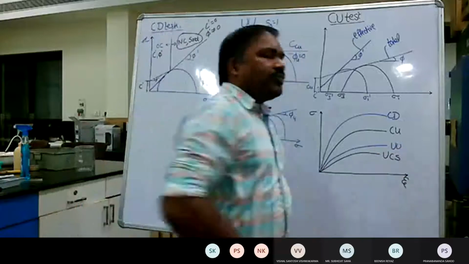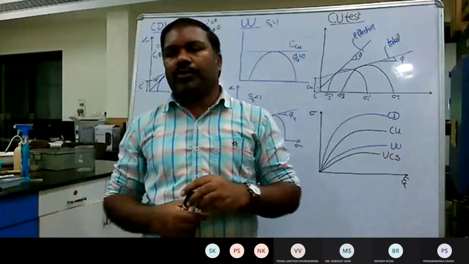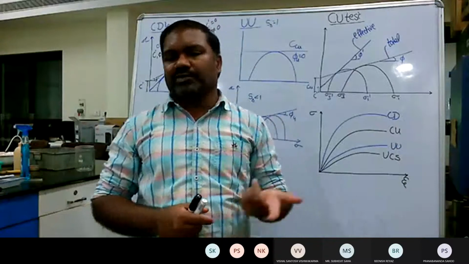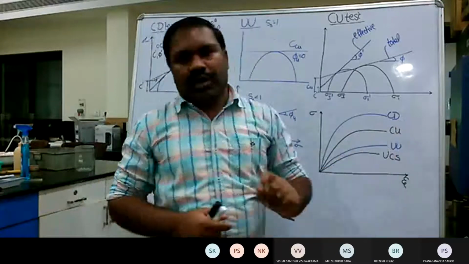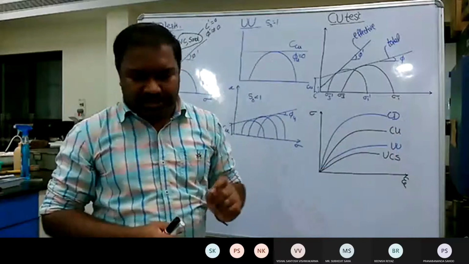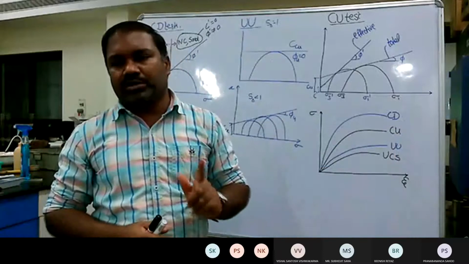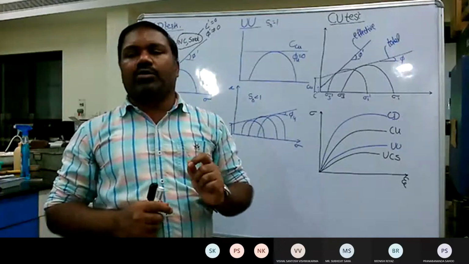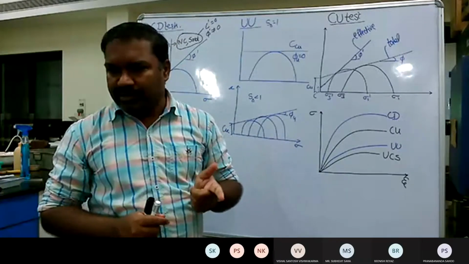But in the UU, you are allowing the development of pore water pressure because you are not allowing the consolidation of the soil sample. But in CU, at one stage of the testing, you are allowing the consolidation of the soil sample. No more water exists, so much of the load is borne by the soil particles.